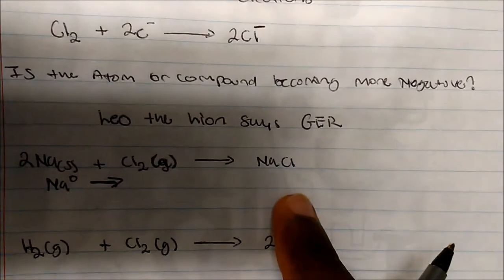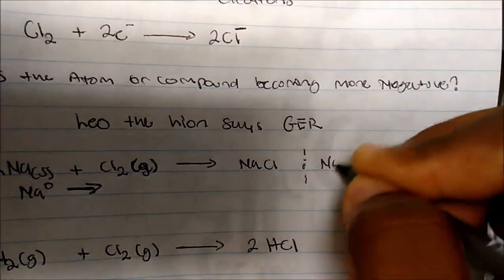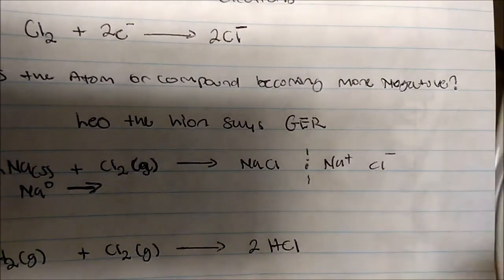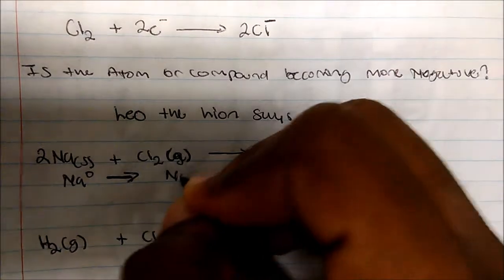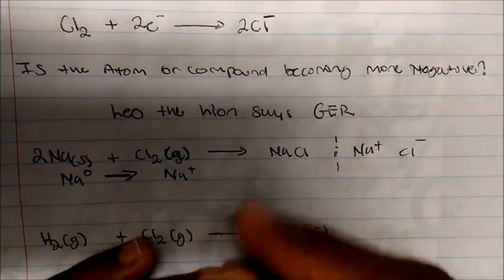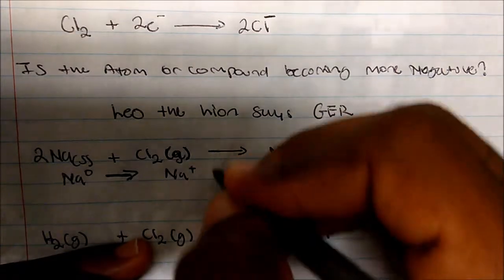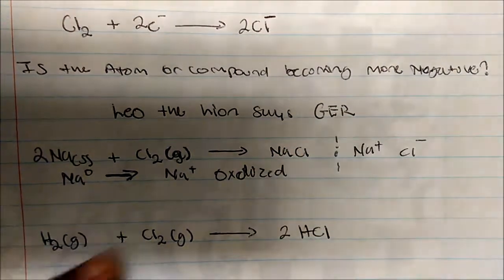If we break sodium chloride up into its constituents, we get Na+ and Cl-. So this went from Na0 to Na+, and we can definitely see that the atom is becoming more positive, and so this is being oxidized.